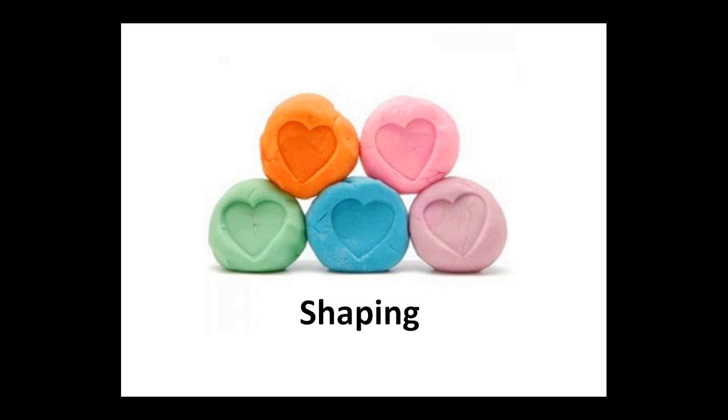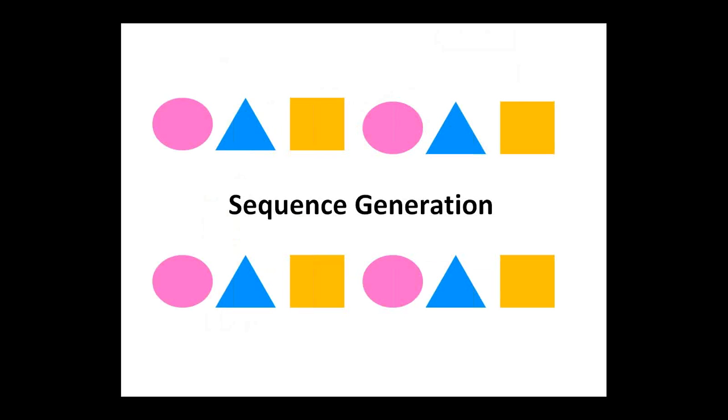So if they're drawing, you see if they're able to do shapes and all this, and then you'll shape the behaviors you'd want to see, the results you'd like to see, by adding new behaviors within the child to help that child hopefully get the targeted behavior with all the different steps to follow to have success. So this is just a sequence generation, just an example of how to do it.